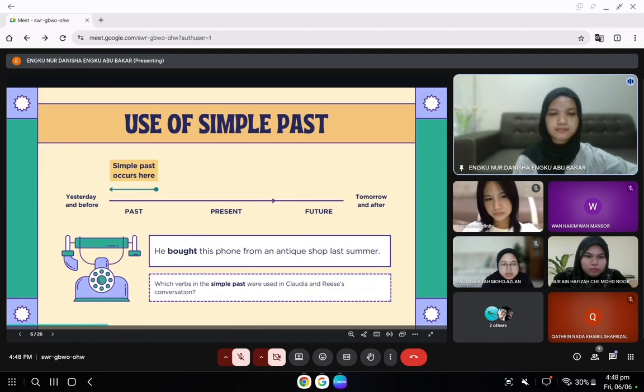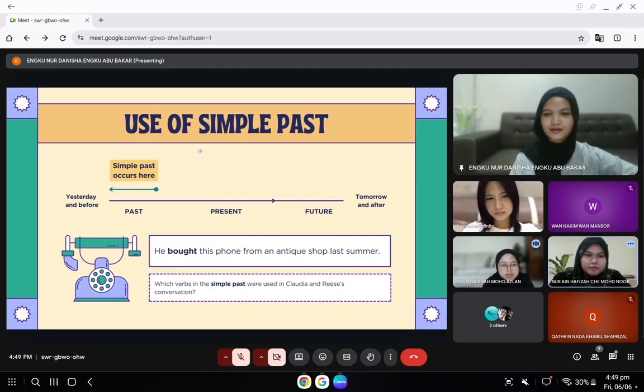Which is the simple past verb in this sentence? Can anyone tell me? That's great, Ayn. Thank you. Do you get it?